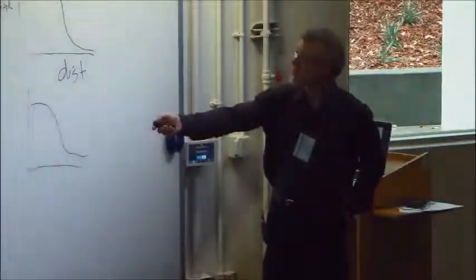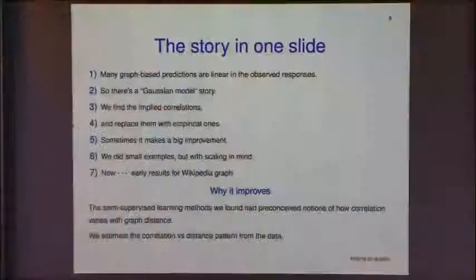Let's find the correlations that are implied by these algorithms. Then let's replace those correlations by sampled correlations. We have a small number of pairs of labels, so we can see how the correlations really are on the graph at whatever distance or similarity measure. And then we'll rip out their implied correlations and pop in our empirical correlations. So that's the idea that we're doing.